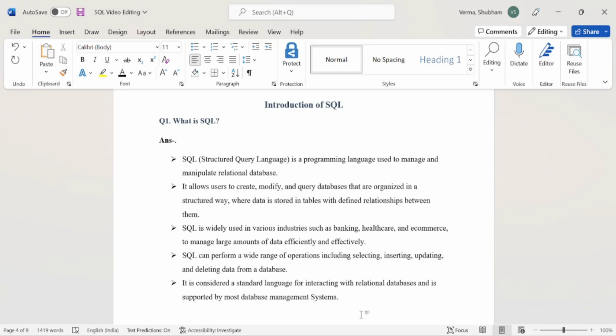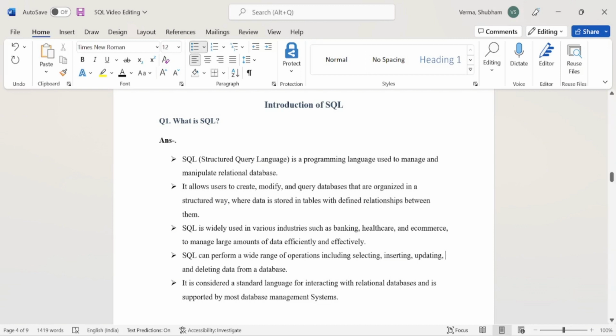SQL stands for Structured Query Language. It is a programming language which is used to manage and manipulate relational databases. It allows users to create, modify and query databases that are organized in a structured way, where data is stored in tables with defined relationships between them.